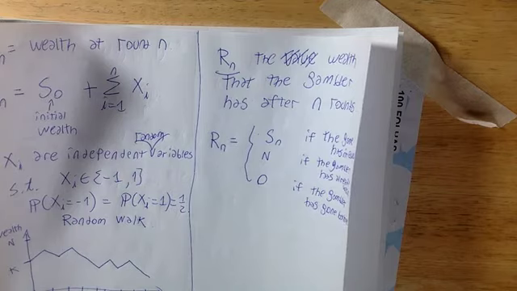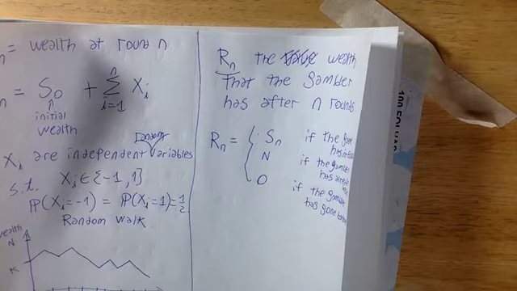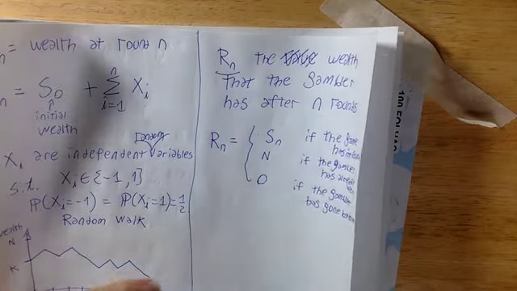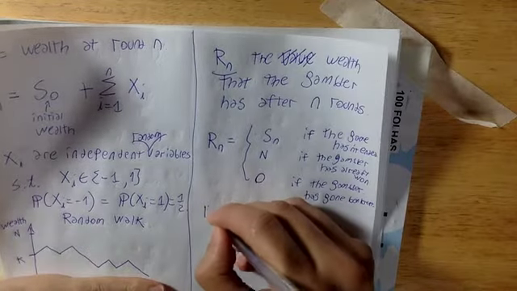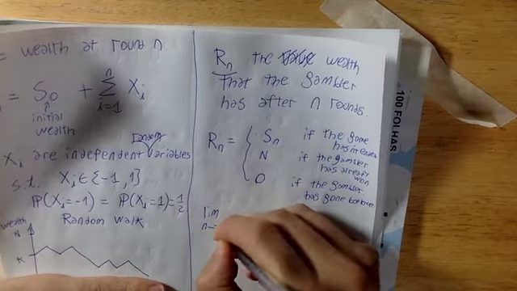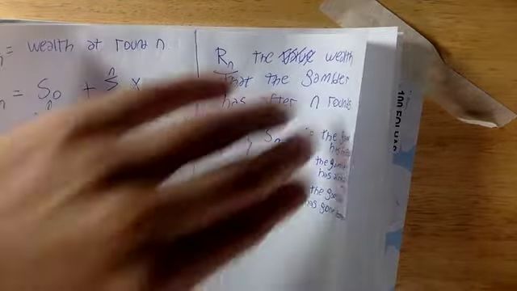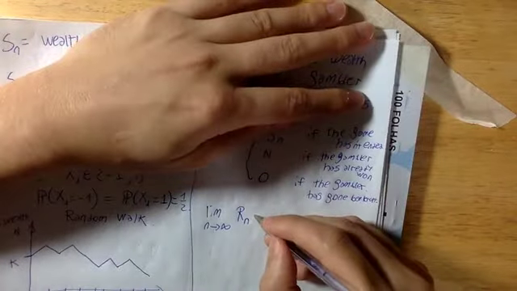Okay, so all right, so now let's wave our hands a bit. Now, what's going to happen with Rn? Let's say that we take the limit when n goes to infinity of Rn. So the point is that this should have only two values.